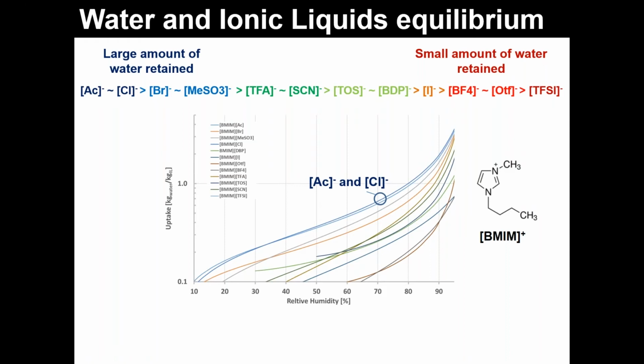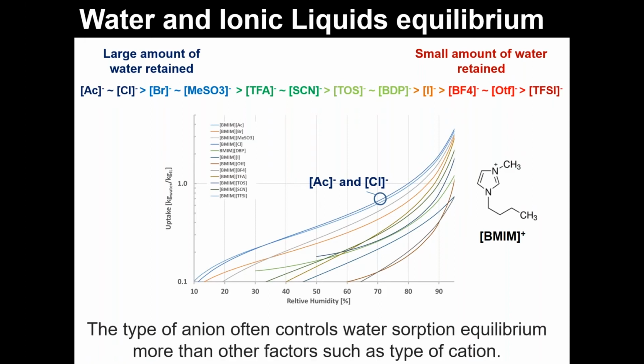And we will discuss later that there is sometimes even a benefit in the utilization of this type of anion instead of those showing a large amount of water retained.